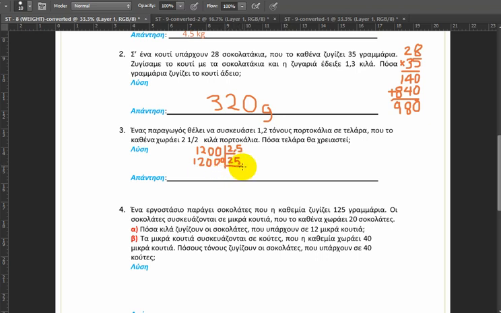And what would this give me? I'd say 4, and I'd have 20 left over. I'm going to add another 0, and I'd say 8 with a remainder of 0. And don't forget, you got another 0 to pull down. And then 25 fits into 0, 0 times. So my answer would be that he would need 480 packages.